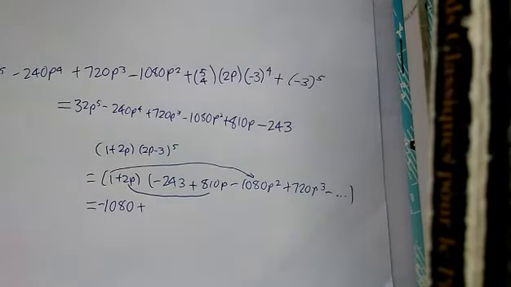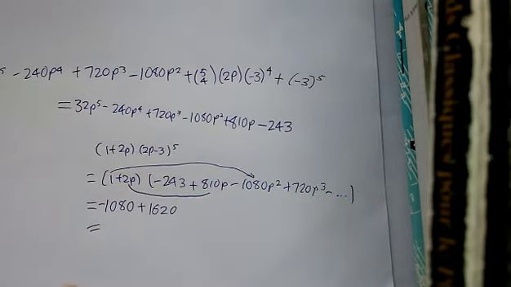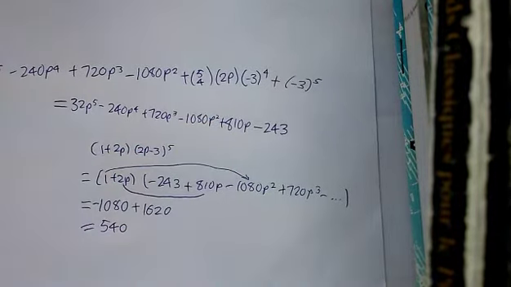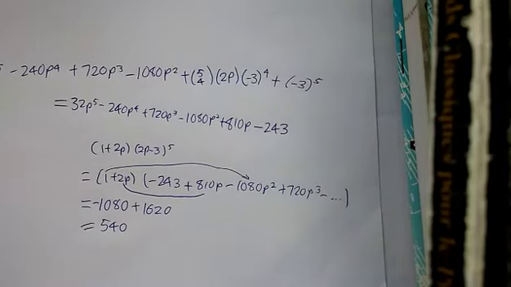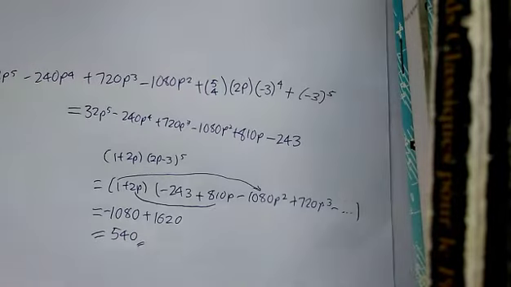So it will be 1620. Then we're going to calculate it. Equals to 540. Now, we're going to double check to make sure that there isn't any other terms that could form a square. Okay, so the answer for this is 540.